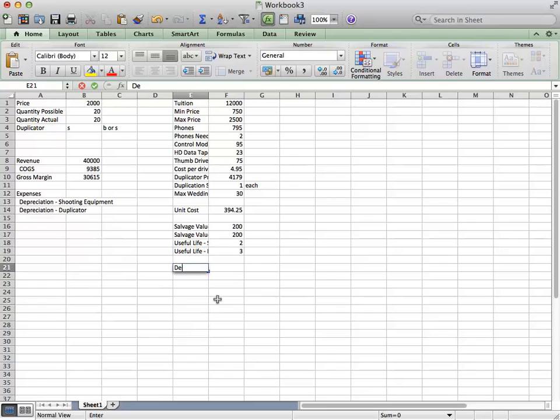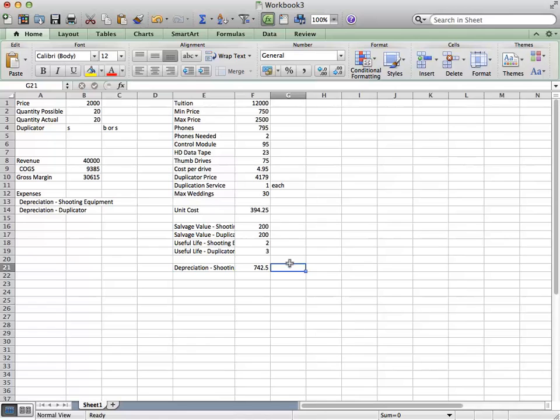So with this, I can see that the depreciation for the shooting equipment is equal to the purchase price, which is the number of phones times the price per phone plus the control module, minus the salvage value divided by the useful life. And that's the depreciation for 1 year for the shooting equipment.